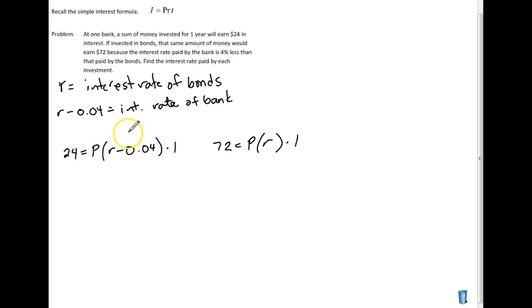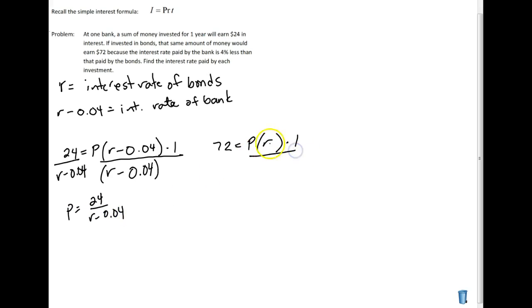So I'm going to solve each equation for P. All I have to do is divide both sides by R minus 0.04 times 1, but multiplying by 1 doesn't actually change it. So I get P equals 24 over R minus 0.04. Similarly here, I'm going to divide by R times 1, which is just R. So P equals 72 divided by R.